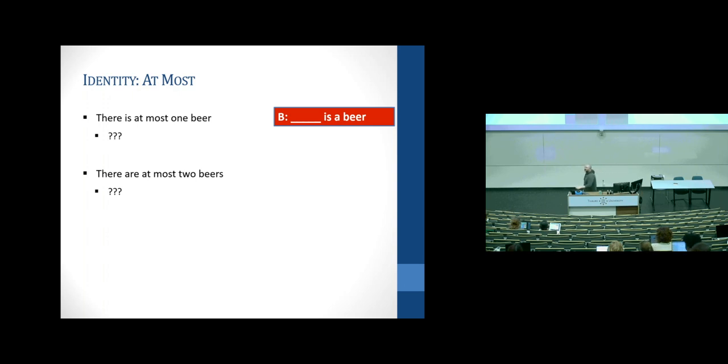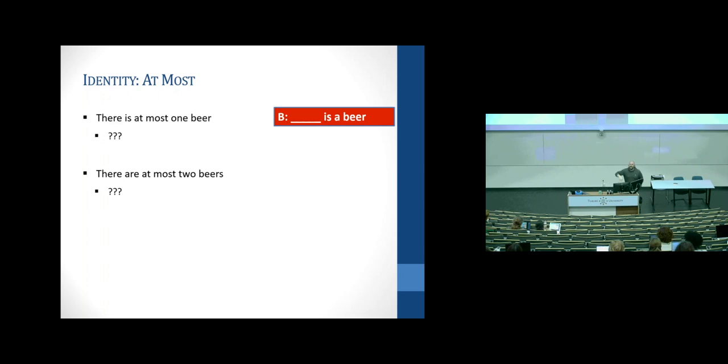Good. So we can rephrase that, right? If there's at most 1, if the ceiling is at 1, then where's the floor? The minimum can't be higher than that, right? The minimum could be 0, could be 1.